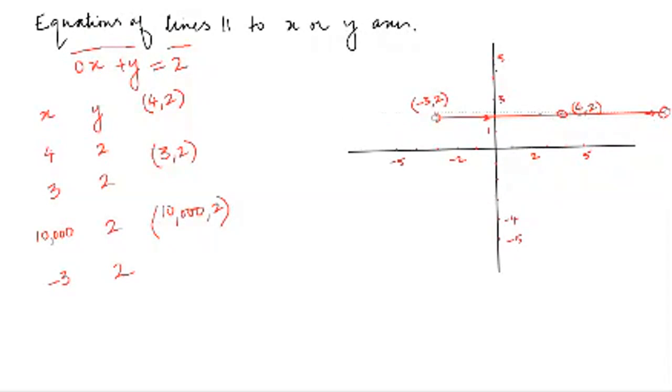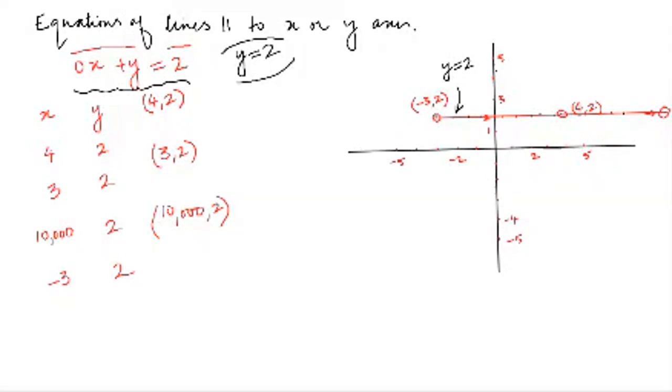Now interesting thing is, this equation I've written, 0x plus y is equal to 2, can also be written as y is equal to 2. And students, you have seen y is equal to 2. You see, this is the line representing y is equal to 2. And interestingly, you can see every point on this line, and we know that every point on the line is a solution of the equation.